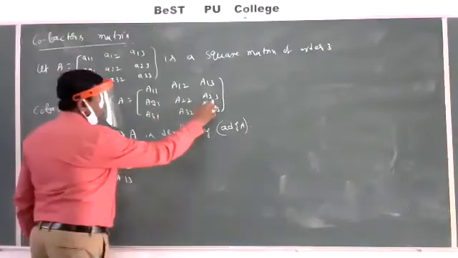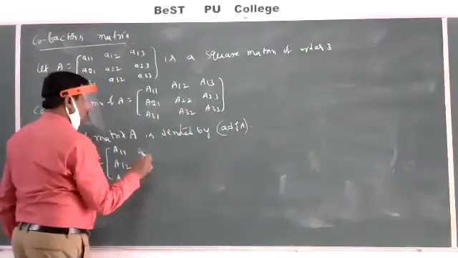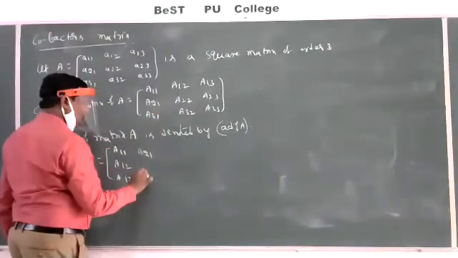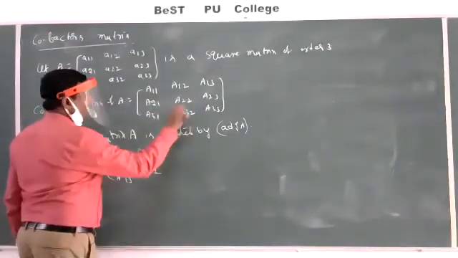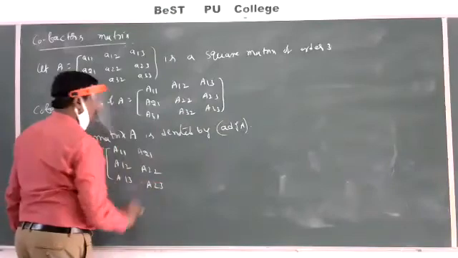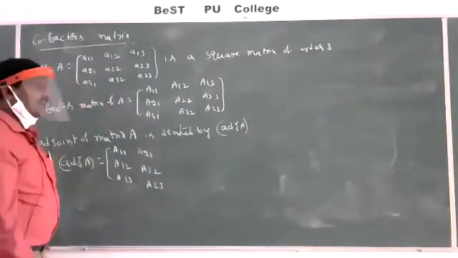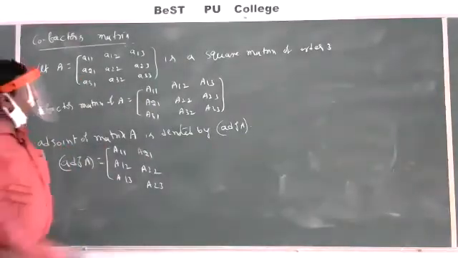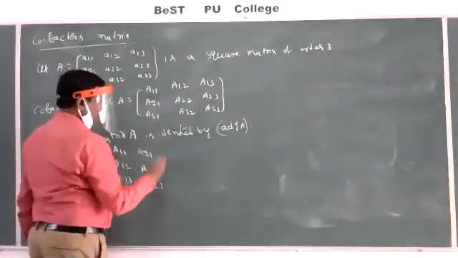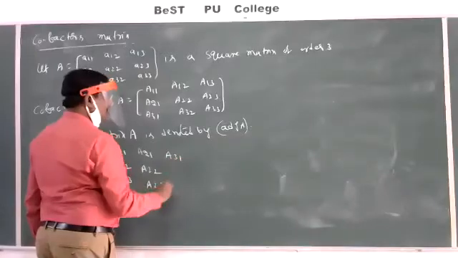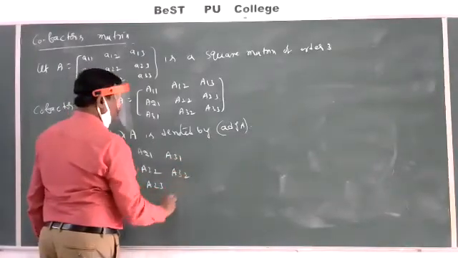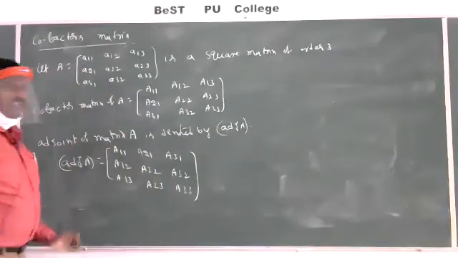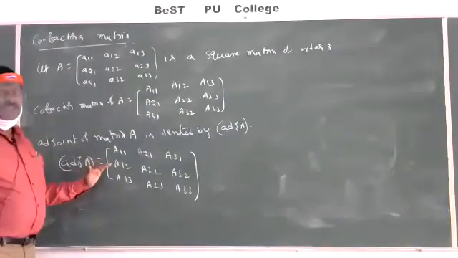Next, the second row elements, A21, A22, A23, are written in the second column. Next, the third row cofactors, A31, A32, A33, are written in the third column. This is called the adjoint of the given matrix.